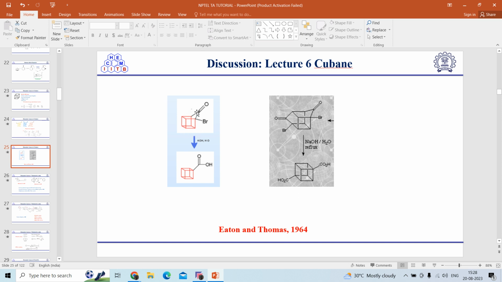As we can see, this is the example given in that question also. This corresponding starting material giving this product. So the mechanism of Favorsky rearrangement is like that.